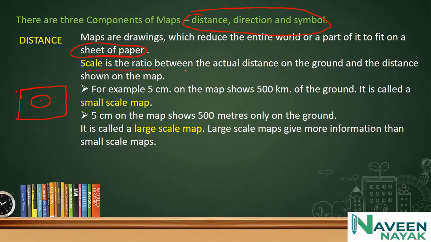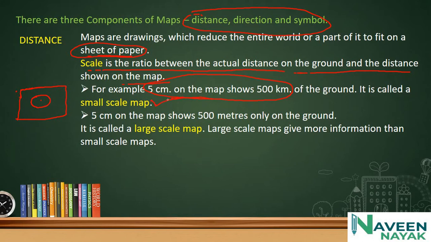The scale is the ratio between the actual distance on the ground and the distance shown on the map. For example, 5 centimeters on the map shows 500 kilometers on the ground. It is called a small scale map.